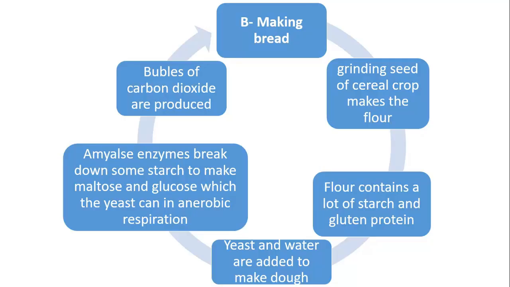And then glucose will be used by the yeast for anaerobic respiration, which will release bubbles of carbon dioxide that will make the dough spongy. And this is how we use yeast as a microorganism in order to make better baking or softer bread.